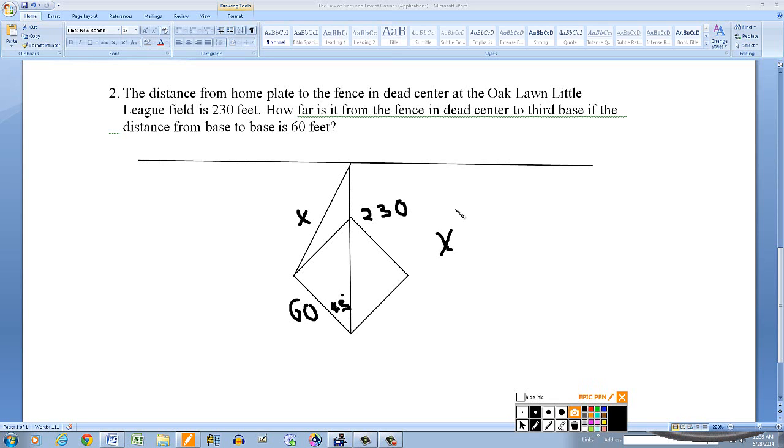x squared should equal, the formula tells you, the sum of the squares of the other two sides.